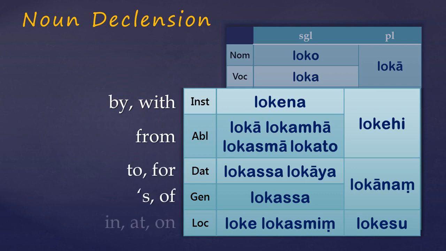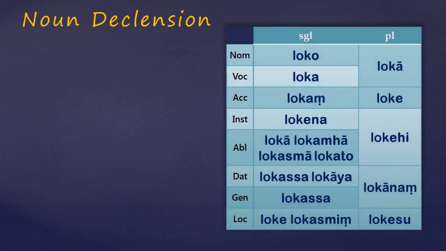So the instrumental marks nouns where English would insert by or with. The door was opened by the man. And the genitive marks possession, like the man's house. And Warder moves through these cases explaining them progressively, and in this lesson Warder concentrates on the nominative case.